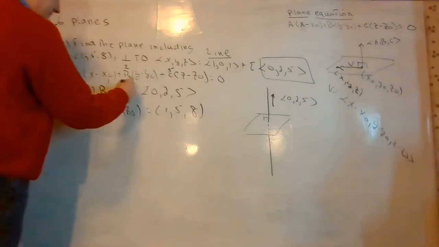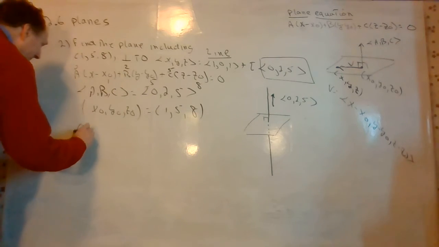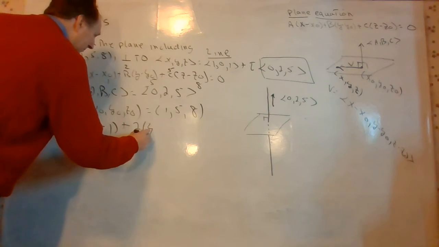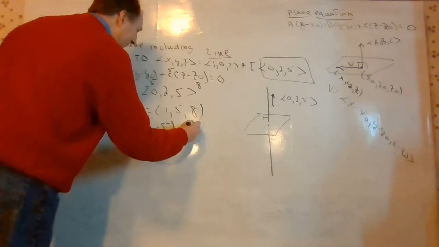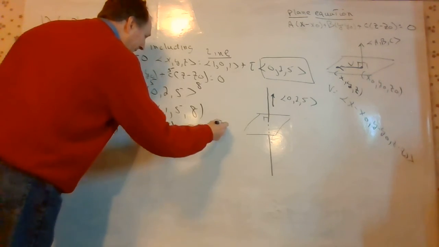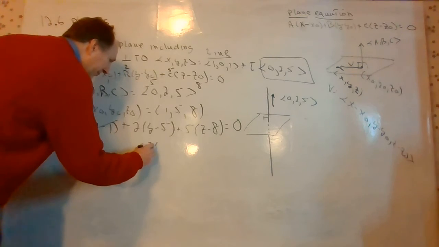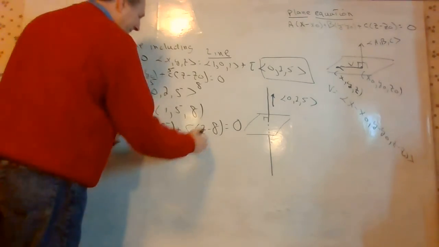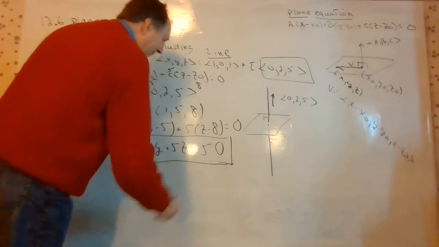The other 1, 5, 8 goes right here. And so we have 0 times x minus 1, plus 2 times y minus 5, plus 5 times z minus 8 equals 0. This whole term drops out, and so you can simplify this to 2y plus 5z equals negative 10 and negative 40 is 50 on the other side. And there is our plane equation.